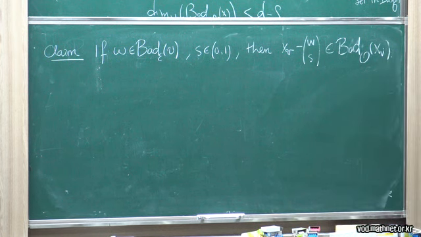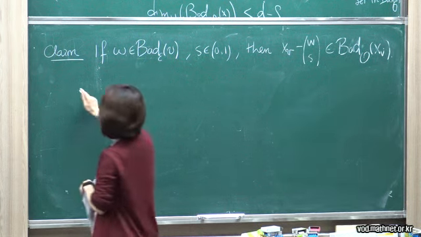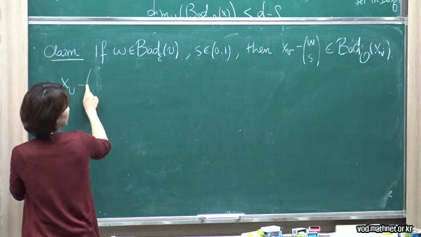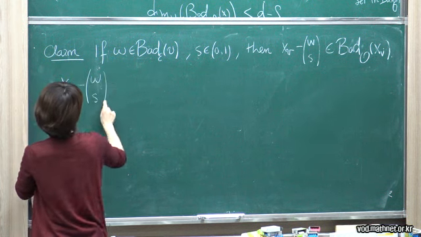So let's see, why is this true? If you look at the grid X_V minus (W, S), what is this?